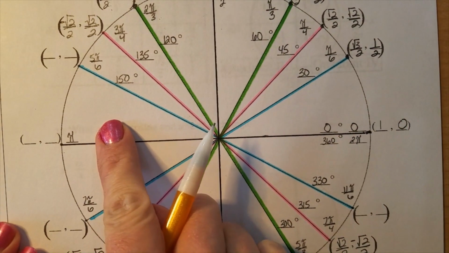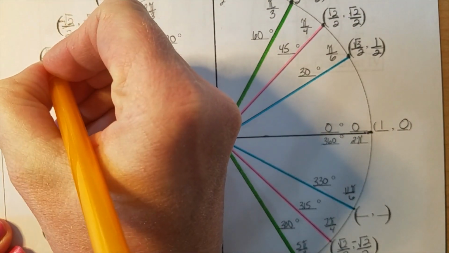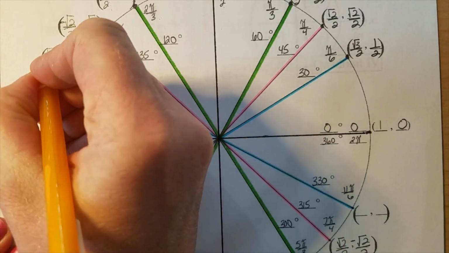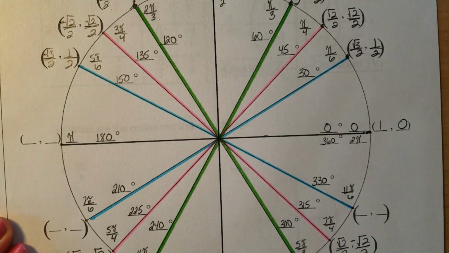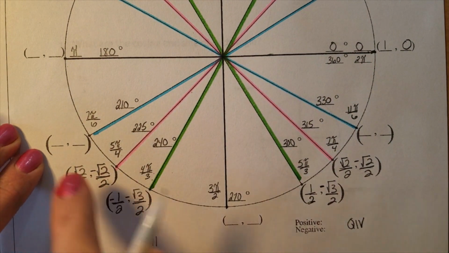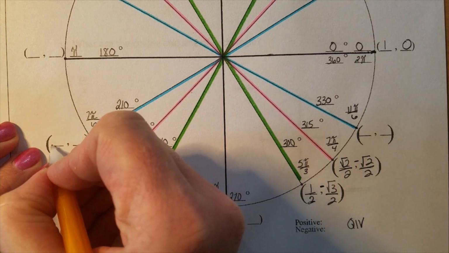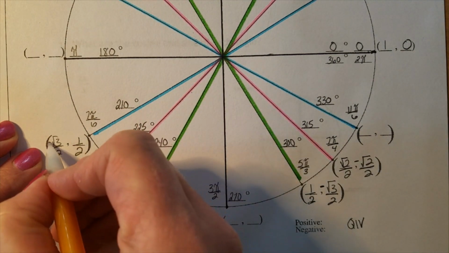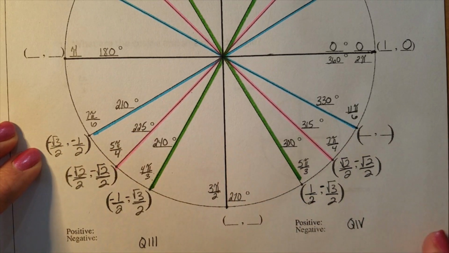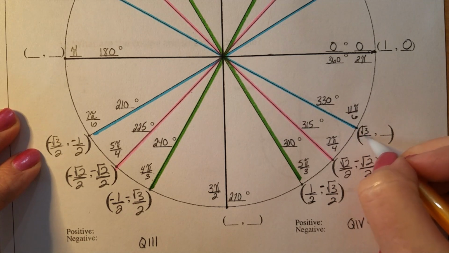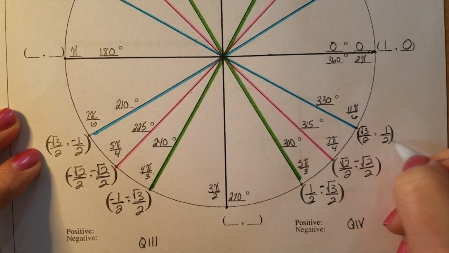Let's move them into quadrant 2. In quadrant 2, your x value is negative, your y is positive. Quadrant 3, both are negative. Quadrant 4, square root 3 over 2 and 1/2. It is just your y value that is negative.